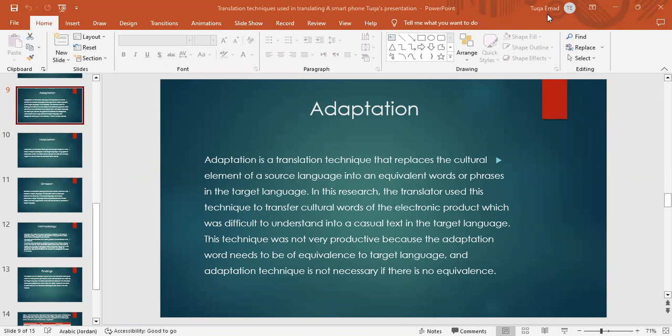This technique was not very productive because the adaptation word needs to be equivalent to the target language, and the adaptation technique is not necessary if there is no equivalent. The basic goal of adaptation is to introduce the adapted text's cultural elements such as weights, measures, or musical notation.